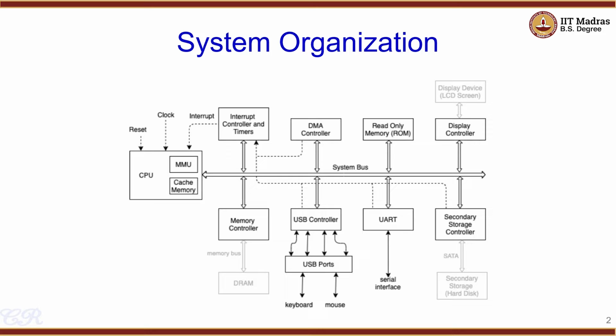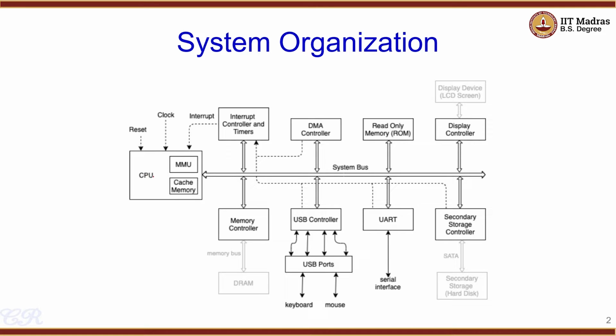To keep things simple, we'll just look at the structure or the organization of a system, especially focusing on an embedded platform. Critical in the embedded system is the CPU, which is the central processing unit. As we discussed in the previous videos, you would have one or more processor cores, which form part of the CPU.